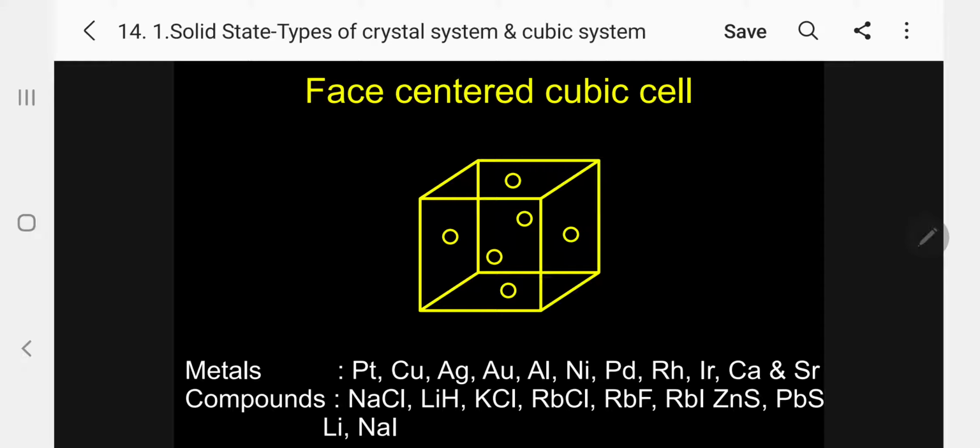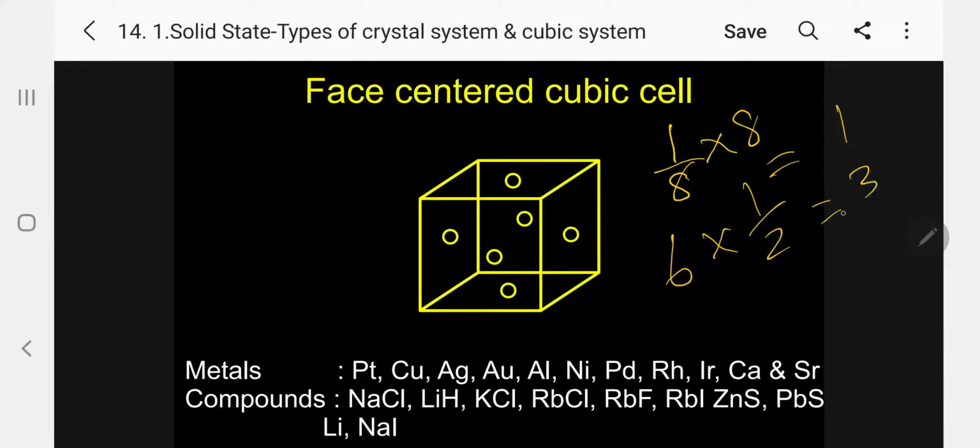Kindly follow. Here, the total number of corners is 8, and each occupies 1/8 of an atom, so 1 atom. There are 6 faces, each face occupying half of an atom, which is 3. So totally 4 atoms are present in the face-centered cubic cell.